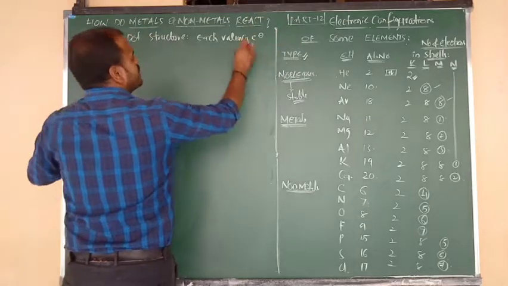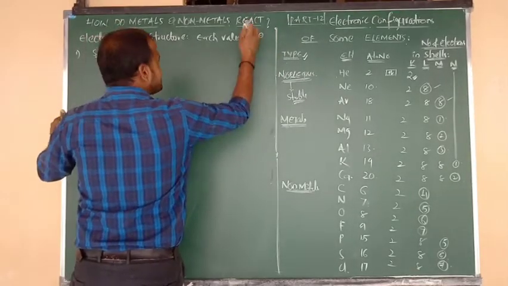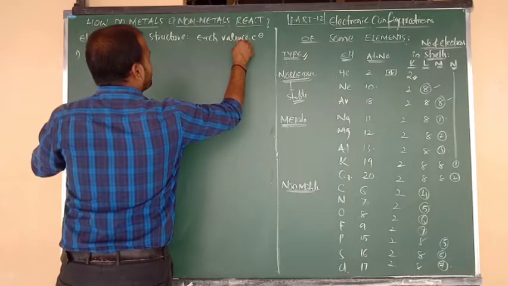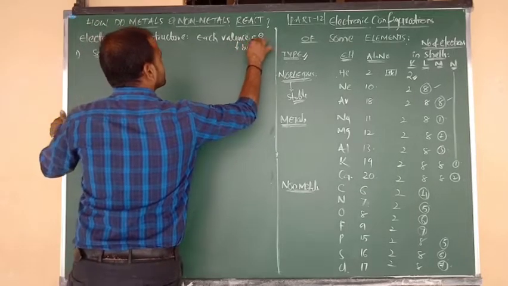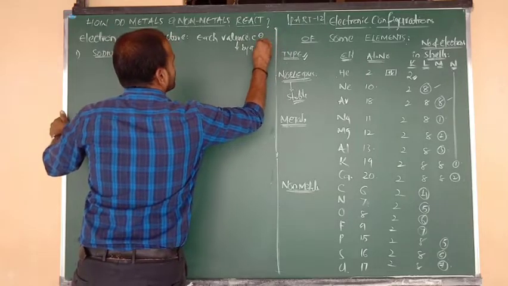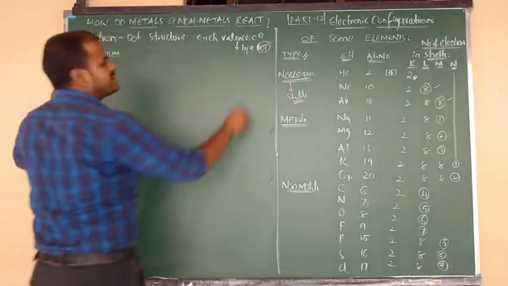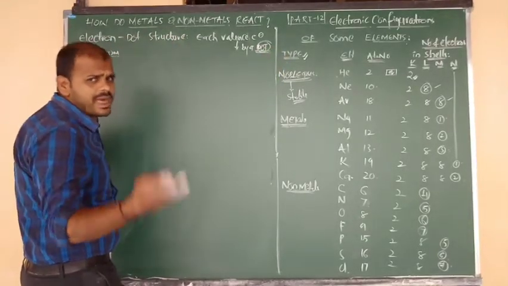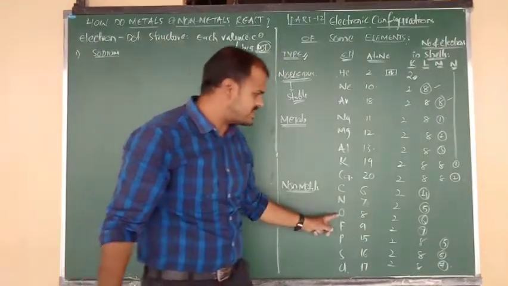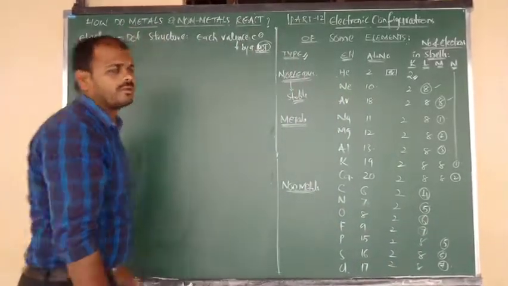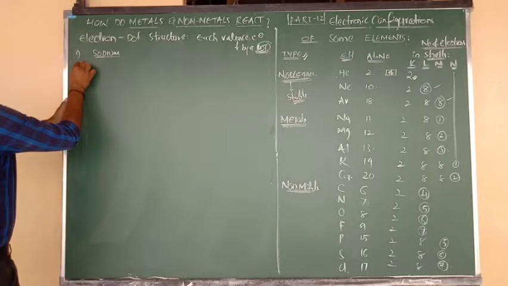Valence means outermost electron, and each valence electron is represented by a dot. 2 valence electrons, 2 dots; 3 valence electrons, 3 dots. For oxygen, 6 valence electrons, we denote 6 dots. Okay? Good.